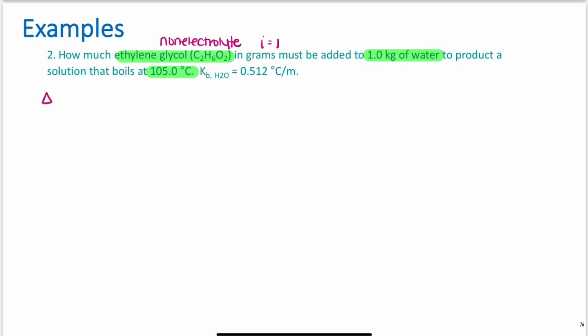I want boiling point, so delta TB equals KB times m times i. What I'm trying to find is how much ethylene glycol in grams I need to add to cause this boiling point.